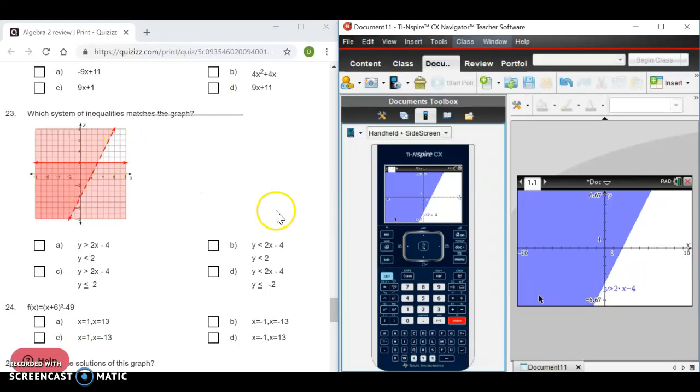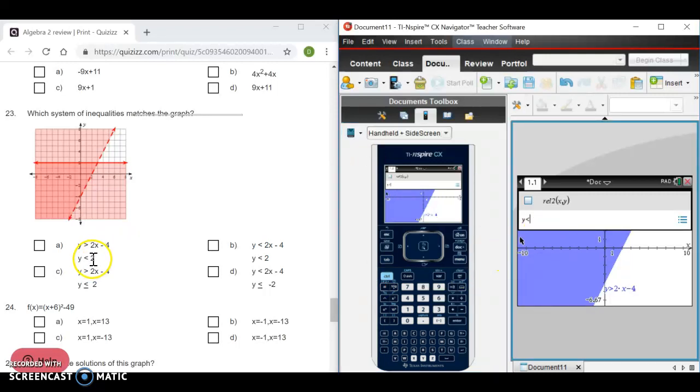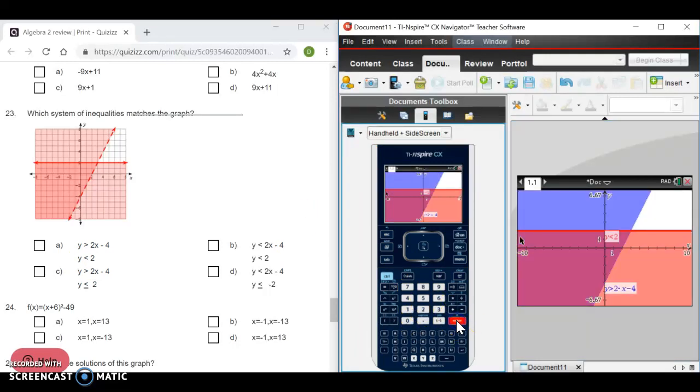Then I go to the next one, so I'm going to press tab, and I've got to graph this one. This time I go Y, Control equals, and plug in this one right here. Y is less than 2, and I press enter on that.